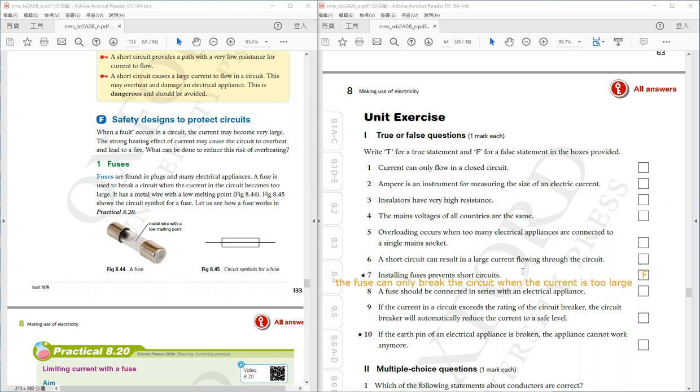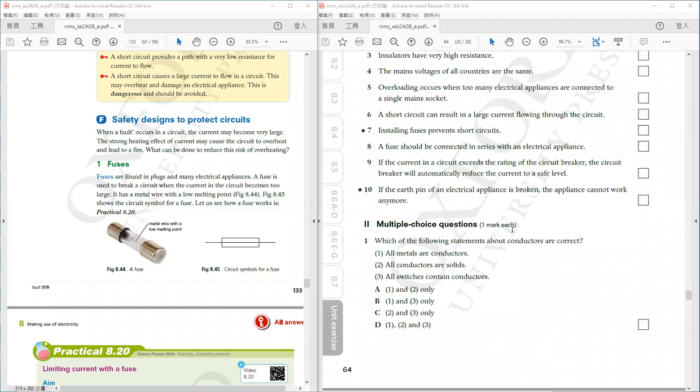For example, when there's a short circuit, we can break this circuit. But installing a fuse does not prevent a short circuit from happening. So the word prevent is a wrong word to use here. Therefore, question 7 is false.